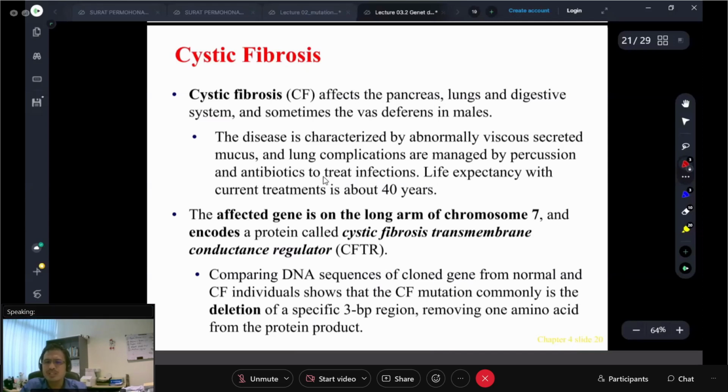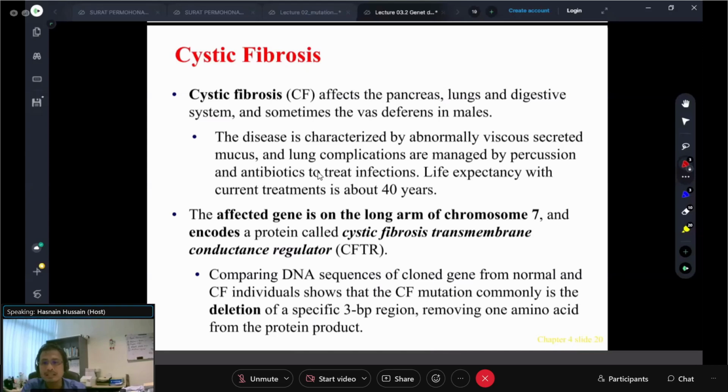antibiotics to treat infection. Usually they produce a lot of mucus because of the inability of the cell to transport the mucus. And when that happens, the individuals will be infected more easily compared to a normal individual. Just like when you have flu, you can have bacteria infect your lungs.